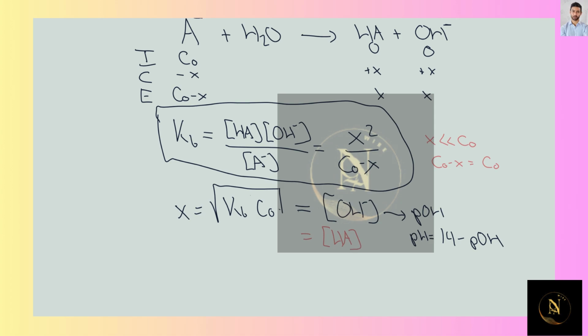So the other way to do it is finding the pH at the equivalence point as pKa plus the logarithm of the concentration of A minus divided by the concentration of HA. So this is going to become pKa plus the logarithm of x divided by C0.